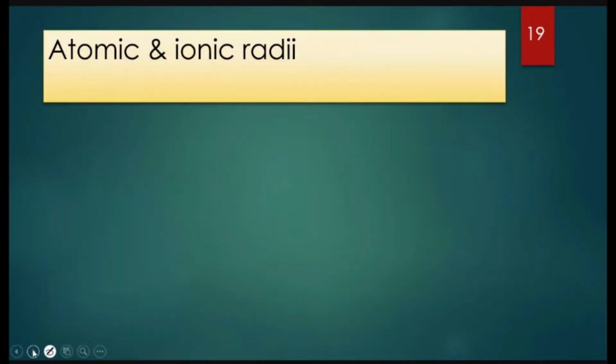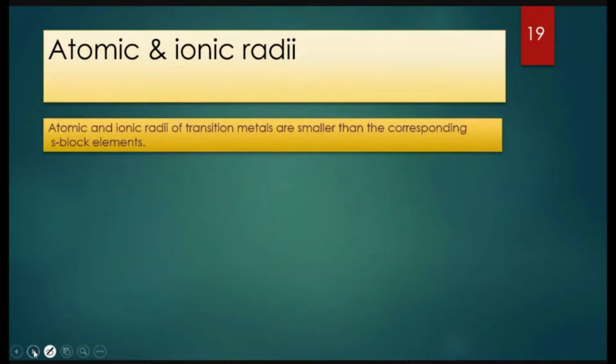Now, let's come back to the D and F block elements. Atomic and ionic radii of transition metals are smaller than the corresponding S block elements. Last year we studied in inorganic chemistry that when we move from left to right in the periodic table, the atomic and ionic radii of the elements decrease.